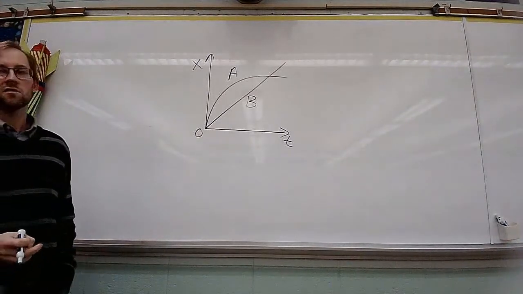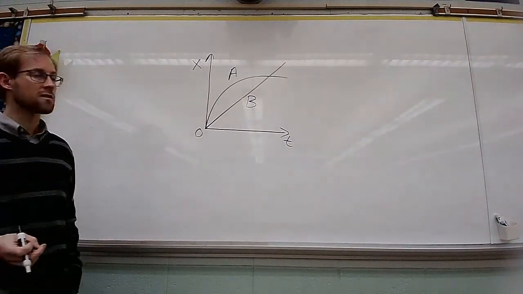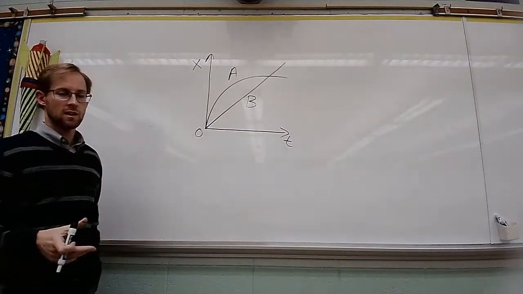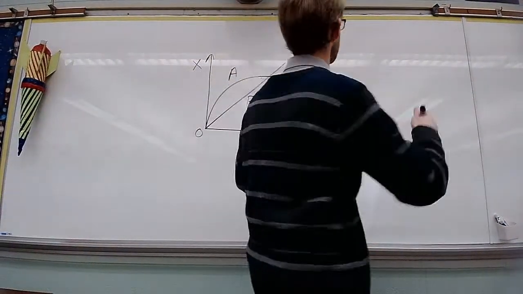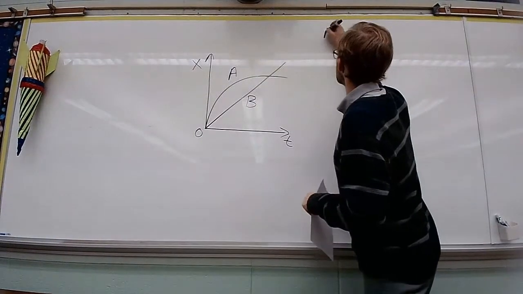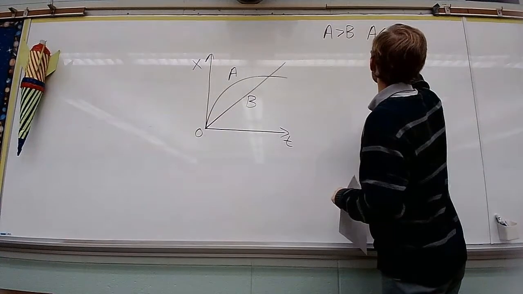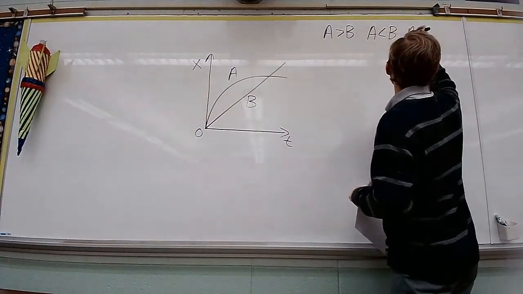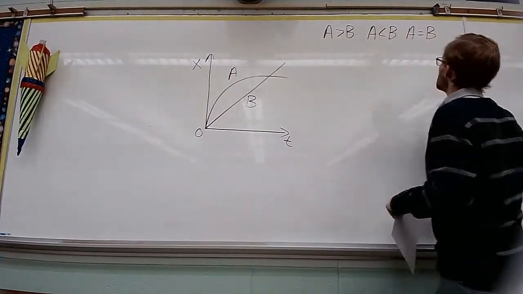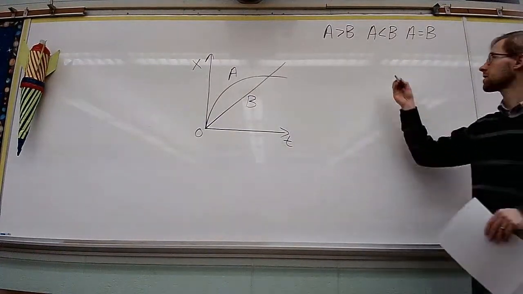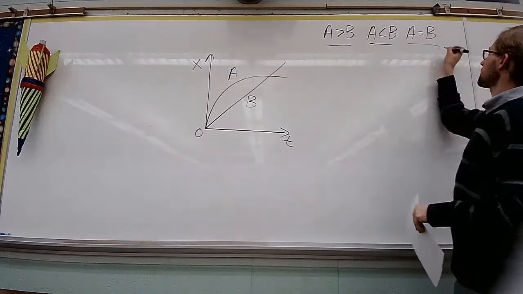Now from this graph, you'll be asked to answer some questions, and the way that you answer those questions needs to be listed like this. So one of these 3 ways is how you have to answer the questions on this page.